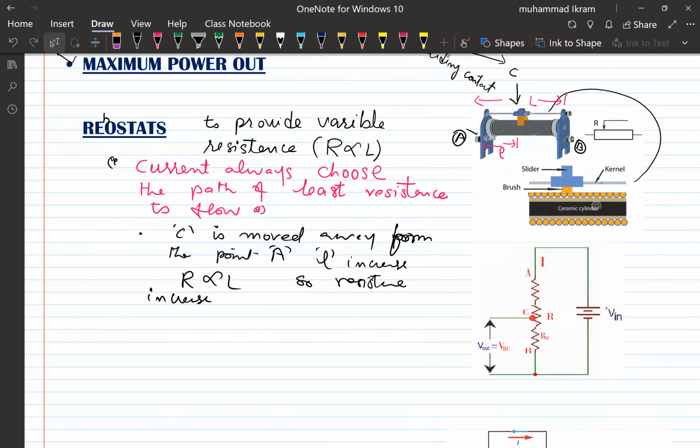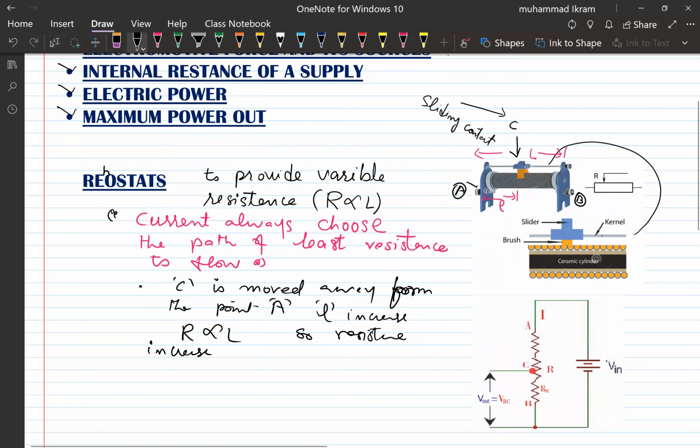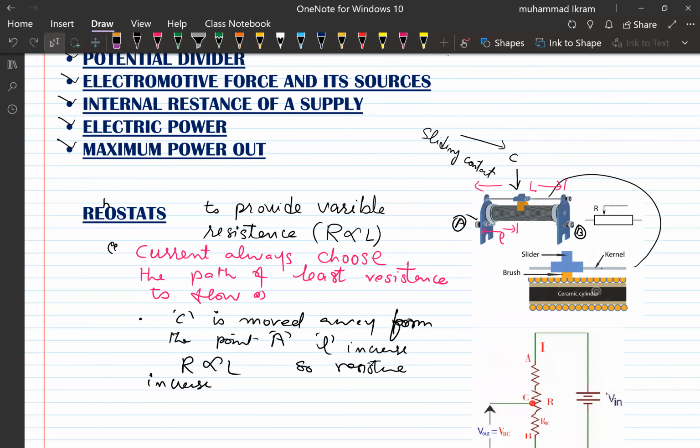And when the sliding contact is moved towards the point A, L decreases and the resistance decreases. How? Look here. You see that these are the wires wound around this cylinder, since a rheostat is a wire-wound variable resistor.